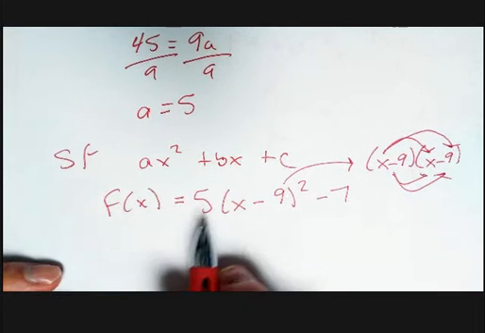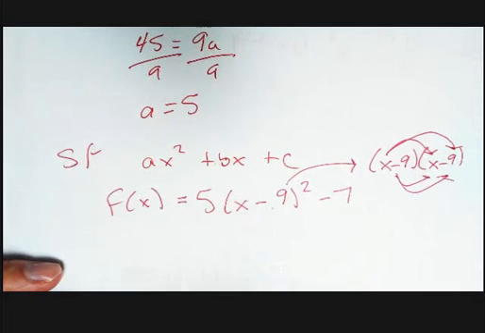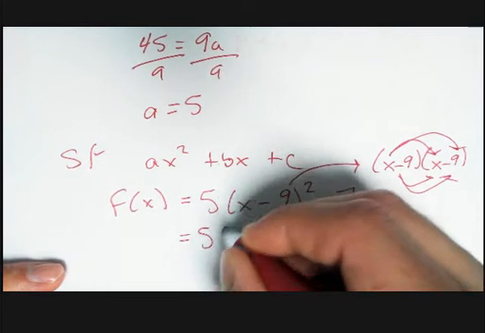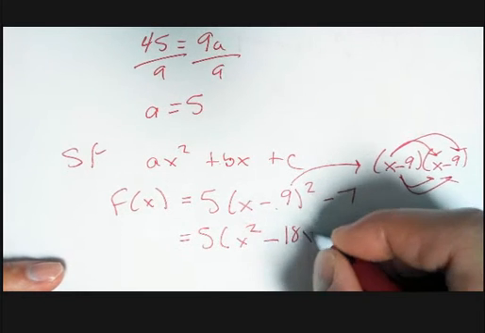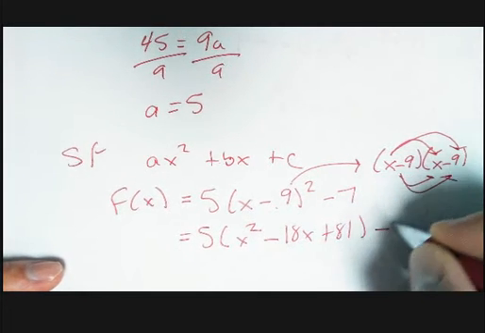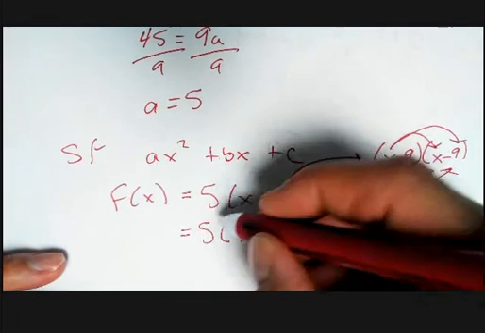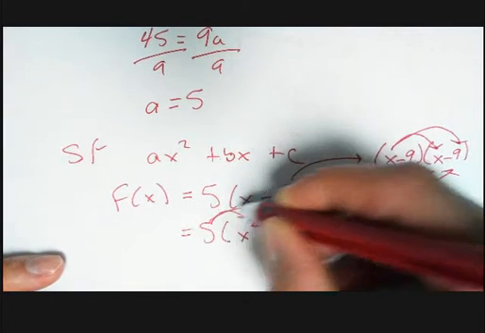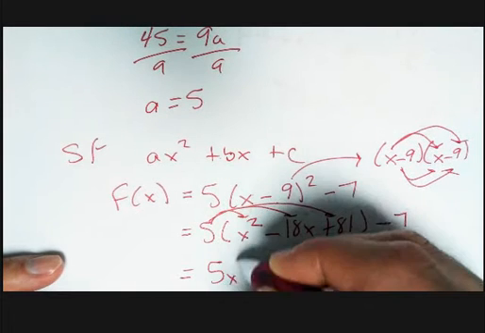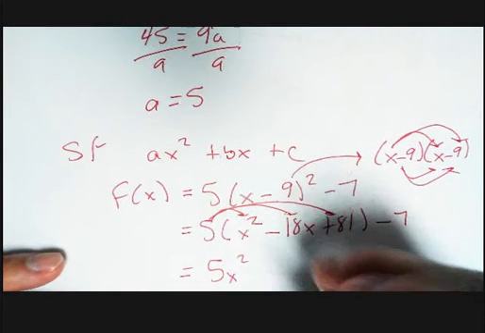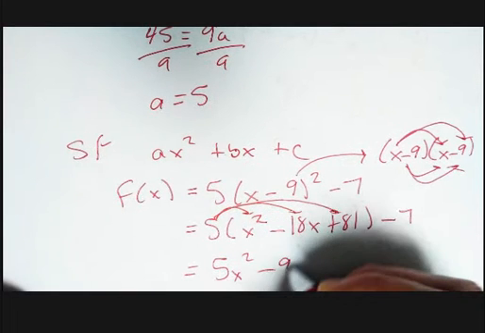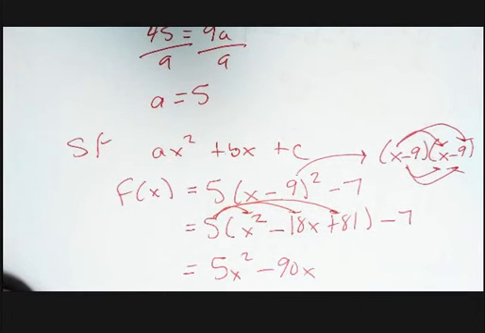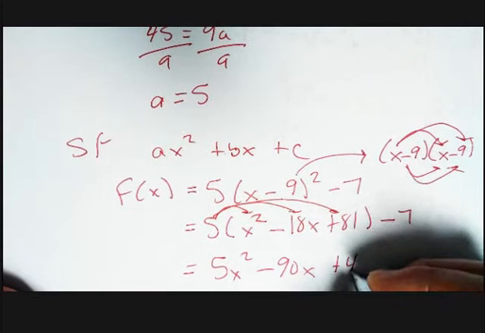Okay, this is a perfect square trinomial. So you get 5 times x squared minus 18x plus 81 minus 7 at the end. And then we're going to distribute our 5. So we got to get rid of these parentheses, and we get 5x squared minus 90x and then plus 405 minus 7.